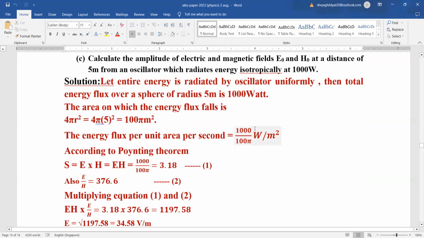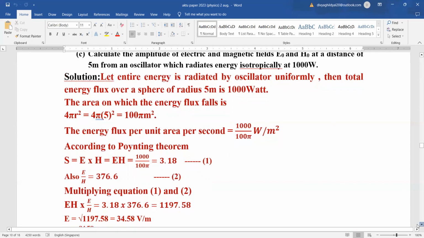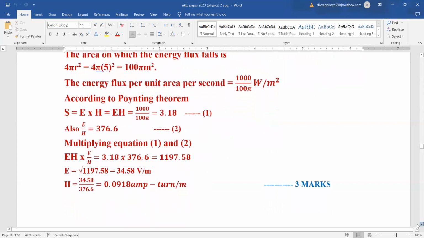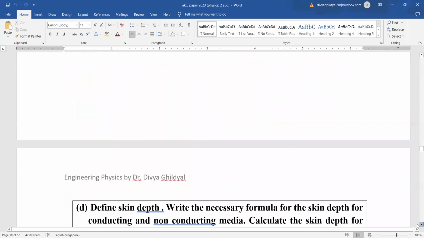Energy flux per unit area is equal to this much upon area. And from the Poynting theorem, S is equal to E cross H, and E upon H is approximately, even if you have written 377, it is also correct. And then individually, I will solve it for E and H and get my respective answers.